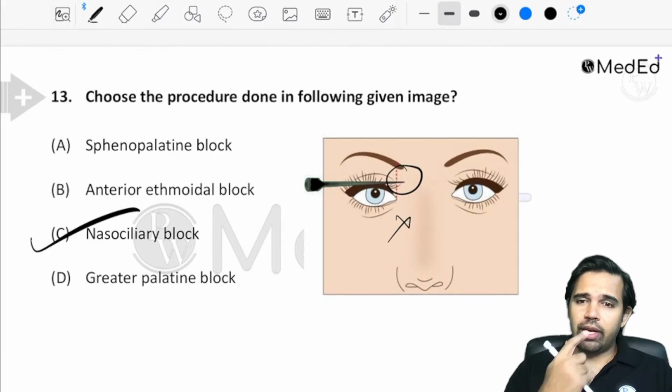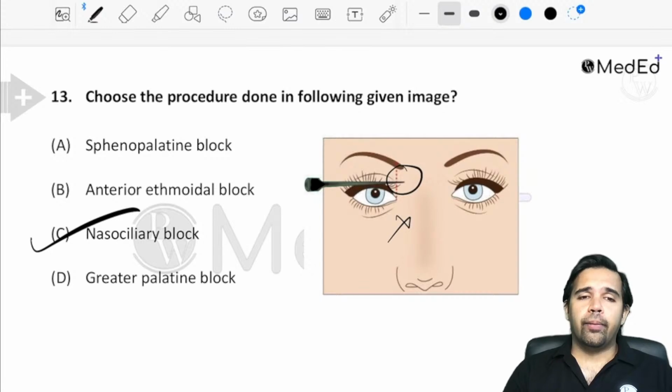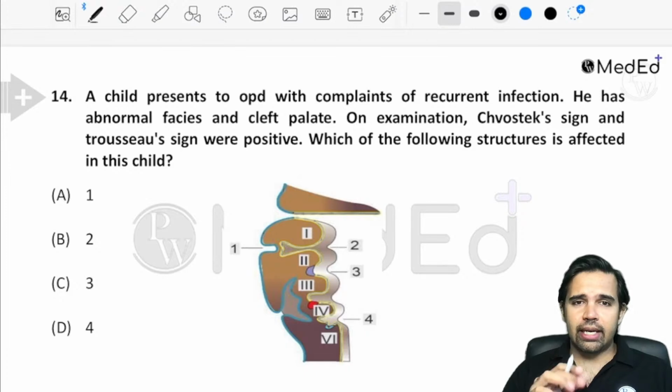This is helpful. One block here, and then your greater palatine block, which is through the nose all the way in the back. So here it would be the nasociliary block. Repeat. This is a very twisted question, asked very indirectly.